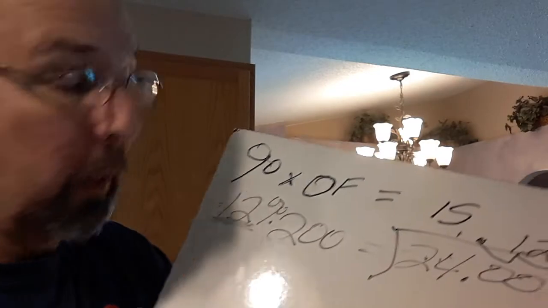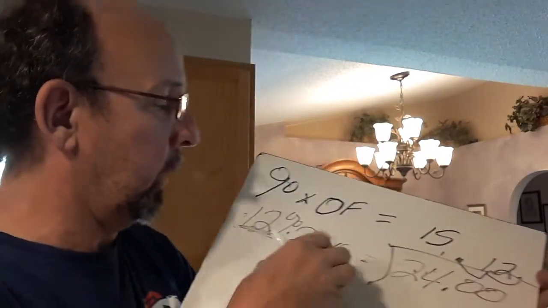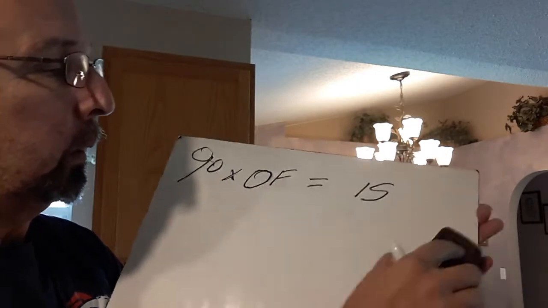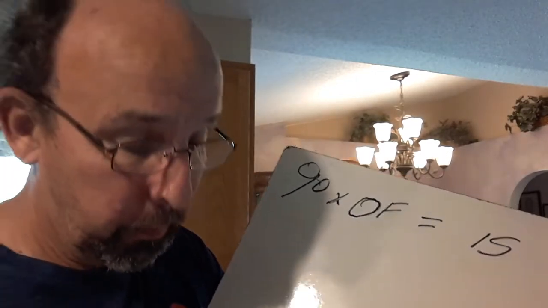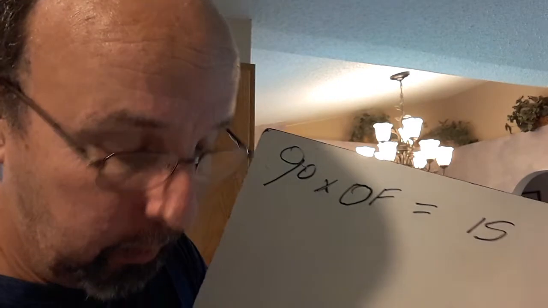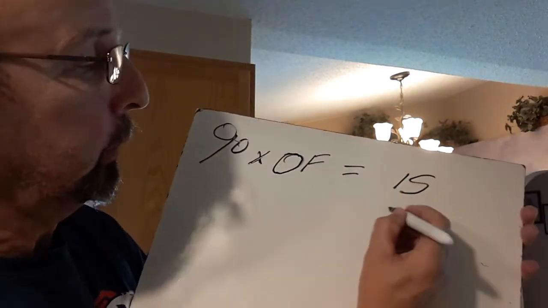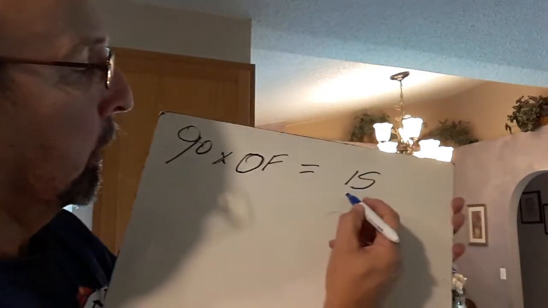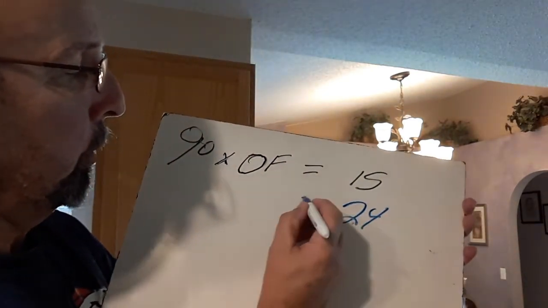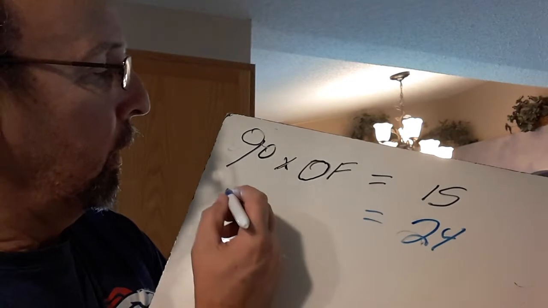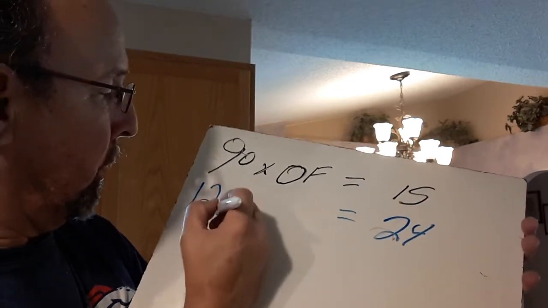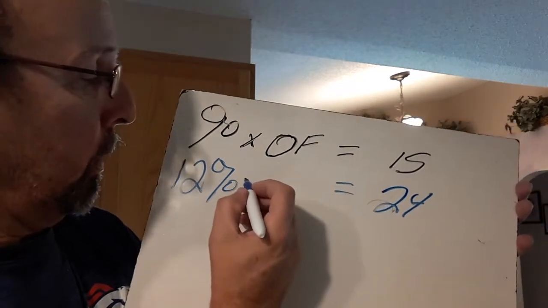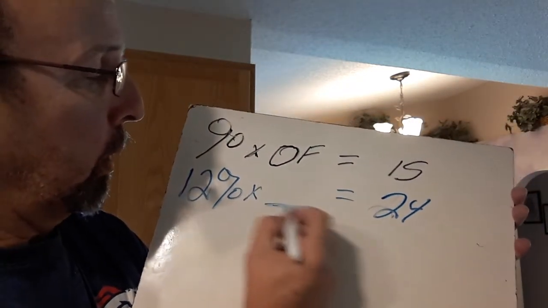All right? Now, let's look at the last one that they give you. And in this case, they're looking for the of. Right? So in number 8, they say 24 is, I'm going to use another color, 24 is 12% of what number?